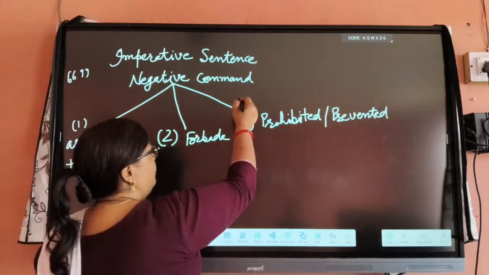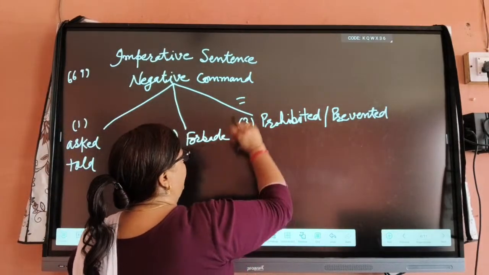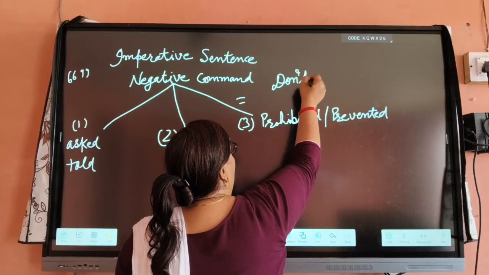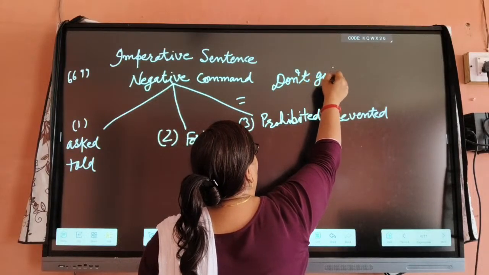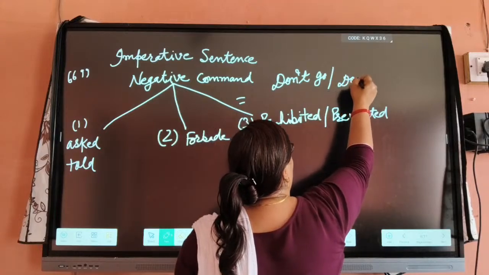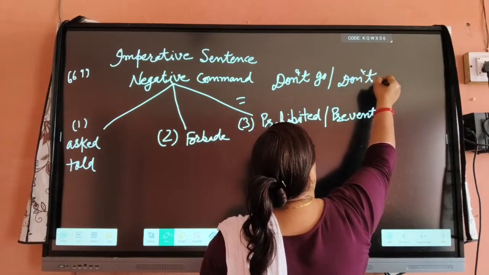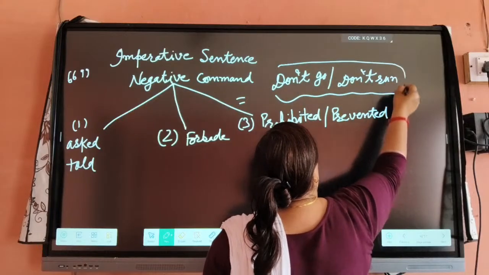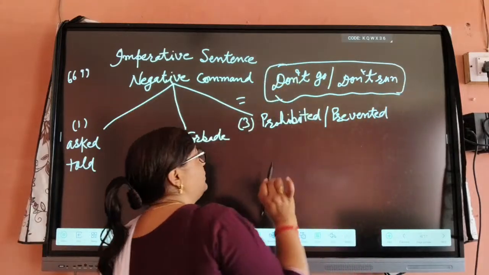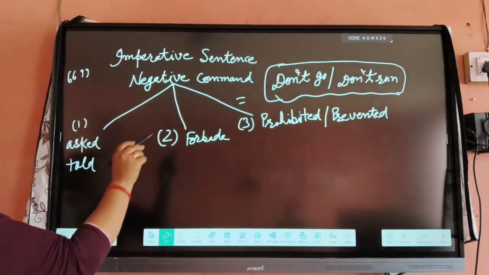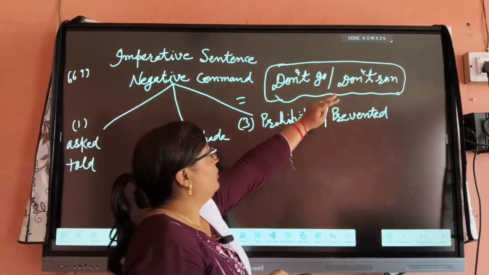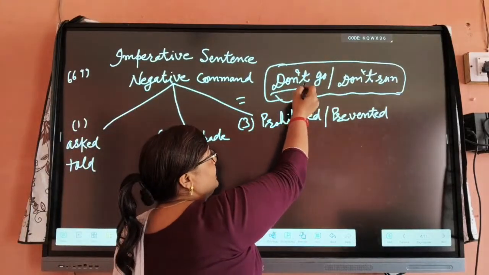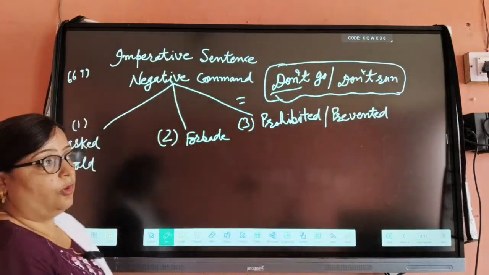How will we come to know that our sentence is of negative command? There we will find don't go, don't run. This type of sentence will be of negative command. It means our sentence will start with don't.